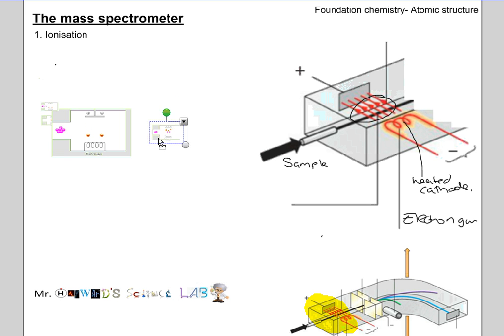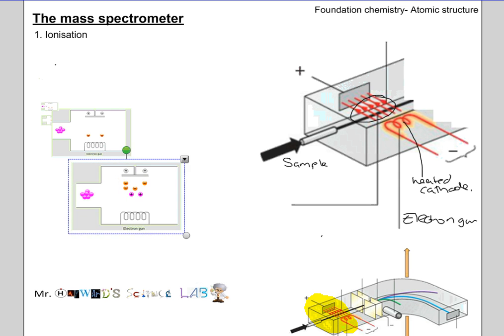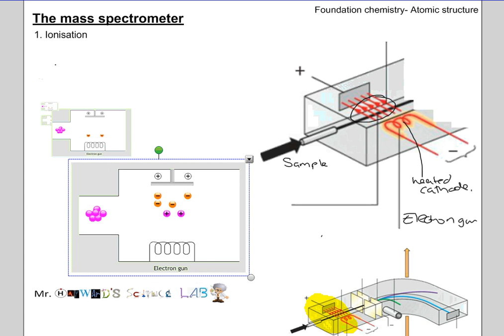Now, as our sample passes by that electron gun and the electrons' path, what happens is the electrons hit our sample and knock electrons off. So you can see we started with 2 electrons firing across, and each of those electrons knocks one electron off either of our 2 samples, and we'll say they're atoms for this part.